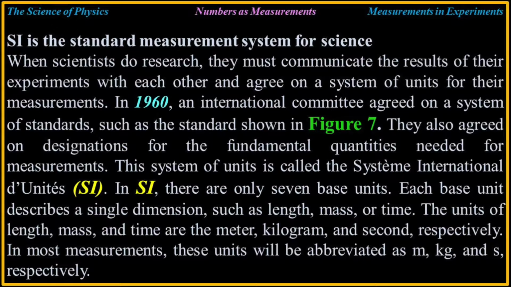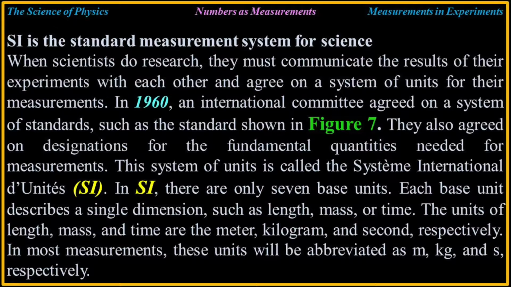In 1960, an international committee agreed on a system of standards, such as the standard shown in Figure 7. They also agreed on designations for the fundamental quantities needed for measurements. This system is called the Système International d'Unités, SI.